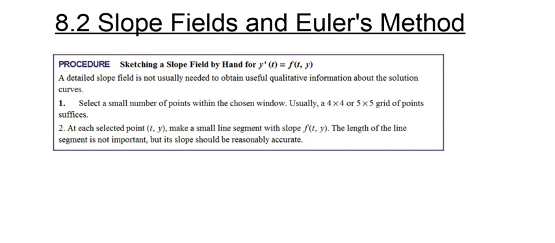We're going to plug into the differential equation and find the actual slopes. Remember, derivative is slope. And then usually it says here a 4x4 or 5x5 grid of points suffices, but it could be smaller. It could even tell you just what quadrant, maybe only one quadrant they want.